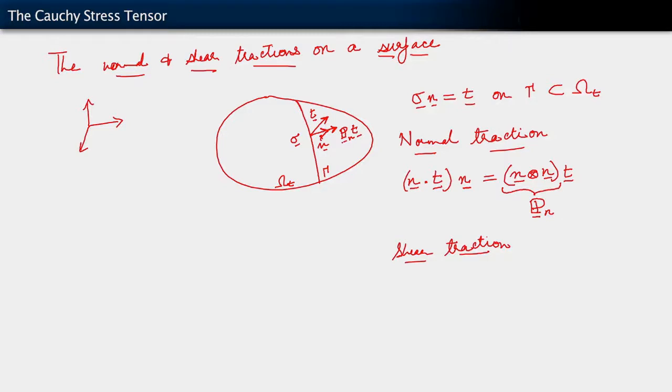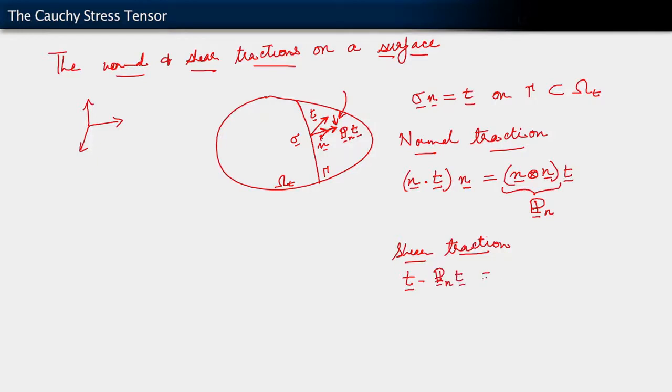So the shear traction essentially is this component then. That is the shear traction. So that is T minus Pn acting on T.